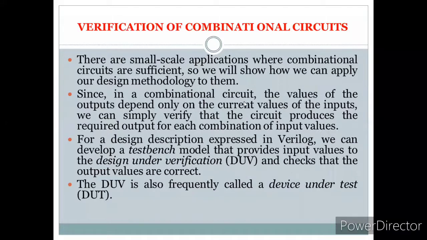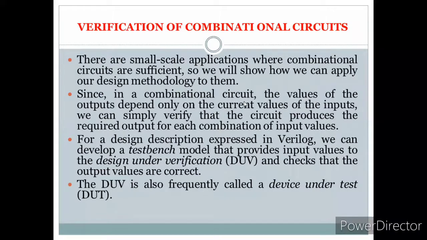Sometimes the design under verification is called the device under test, DUT. The model which we are writing needs to be tested correctly, to check whether it satisfies the required constraints or meets the required specifications.